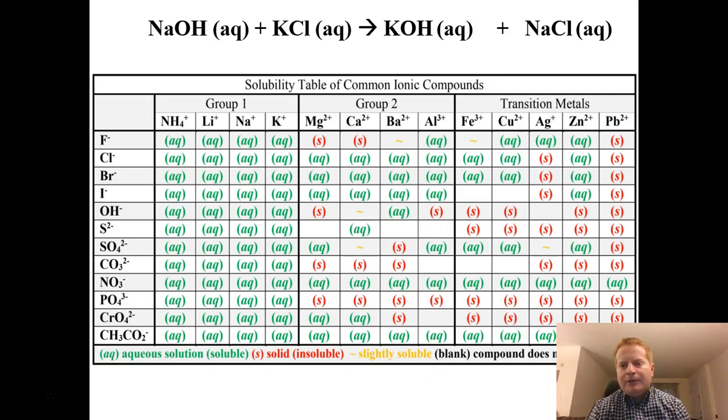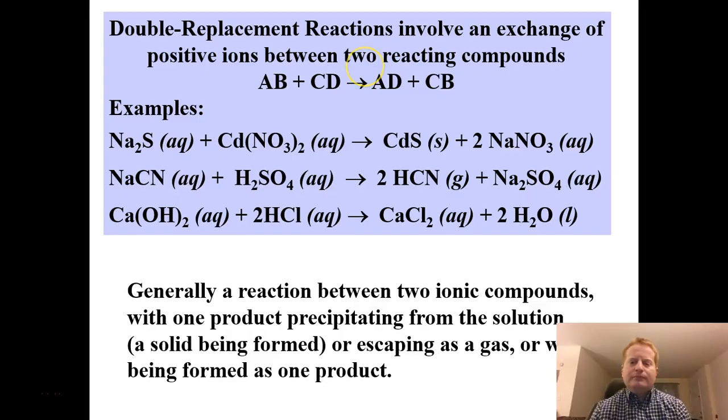Nobody bonded with anybody else, and so you didn't form a new substance. So these products that we have listed here never really form. They never end up sticking together. But the biggest thing is if you see all aqueous, no reaction. That's our indicator. And this is only used for double replacement reactions. That's the only time you use this solubility table.